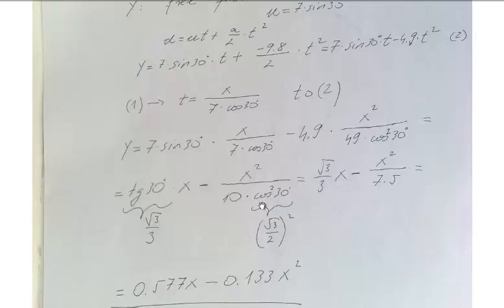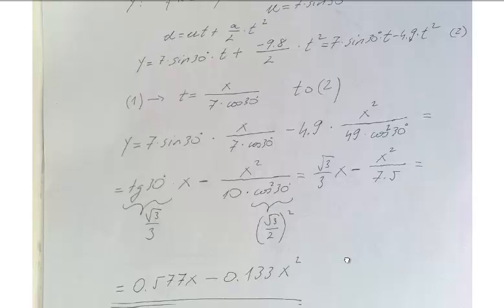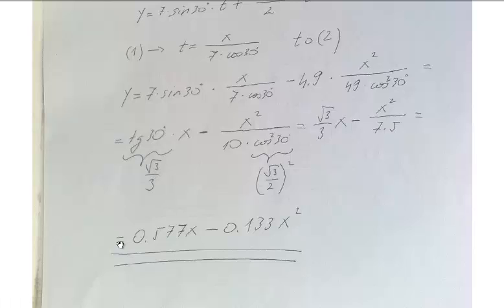Cosine 30 degrees is equal to square root of 3 over 2, and squared this is 3 over 4, which is 0.75, so 10 times 0.75 is 7.5, and we get this equation. This is the equation of the trajectory.